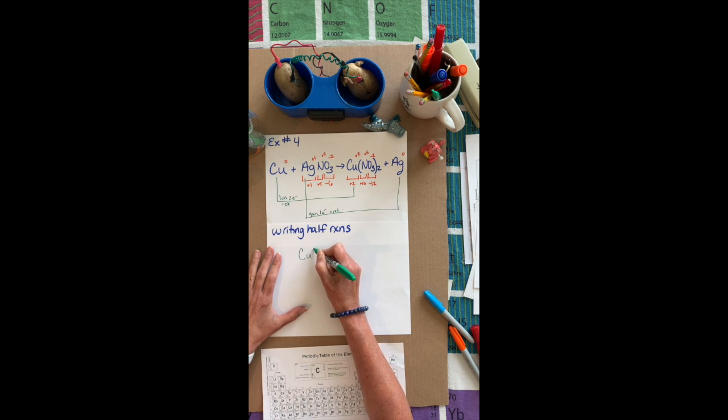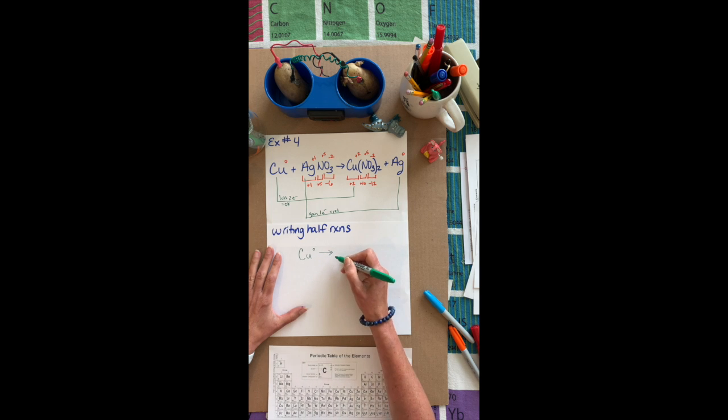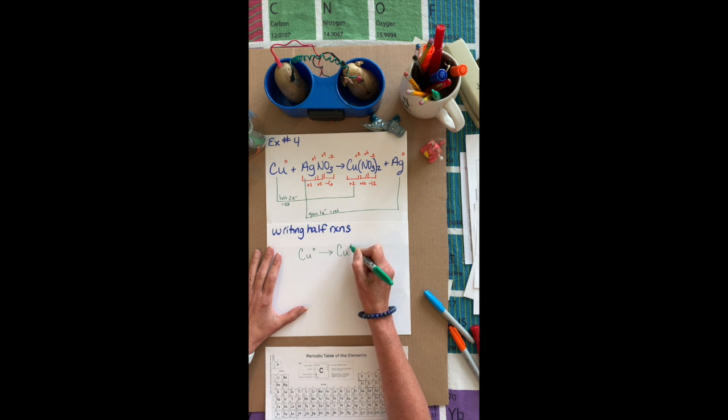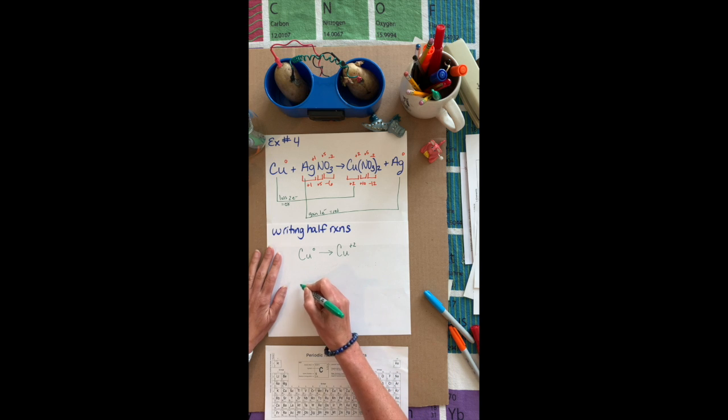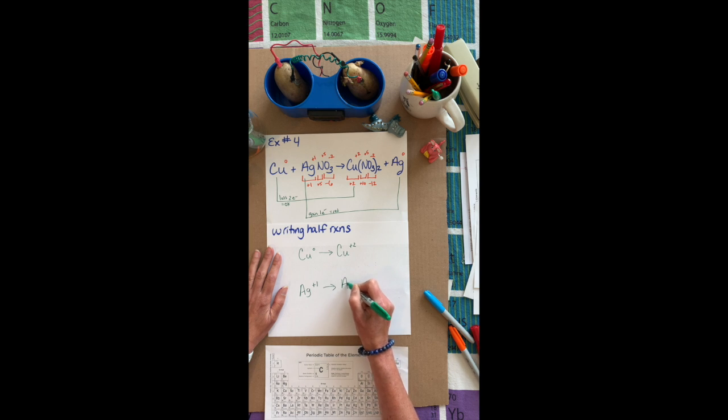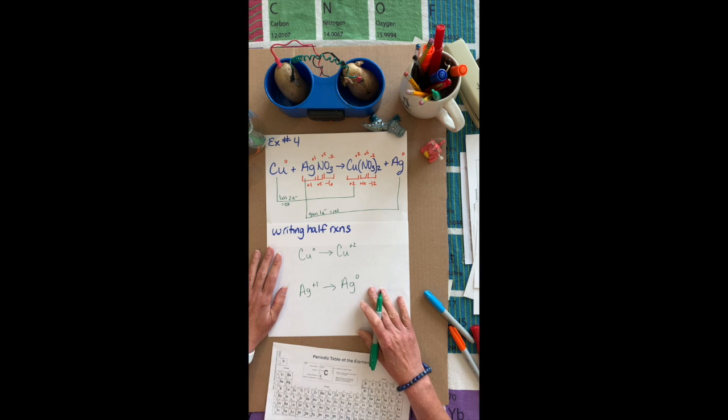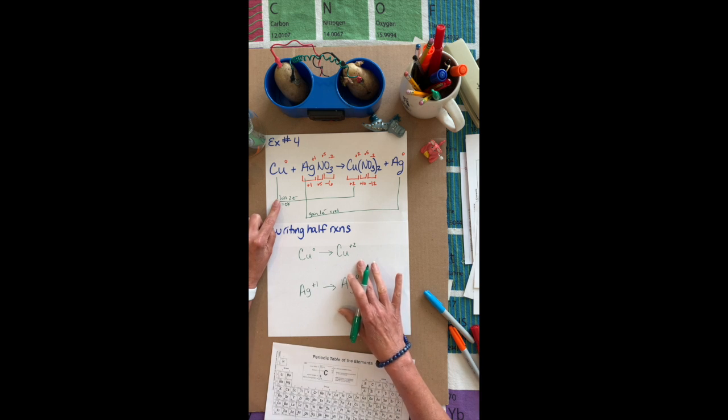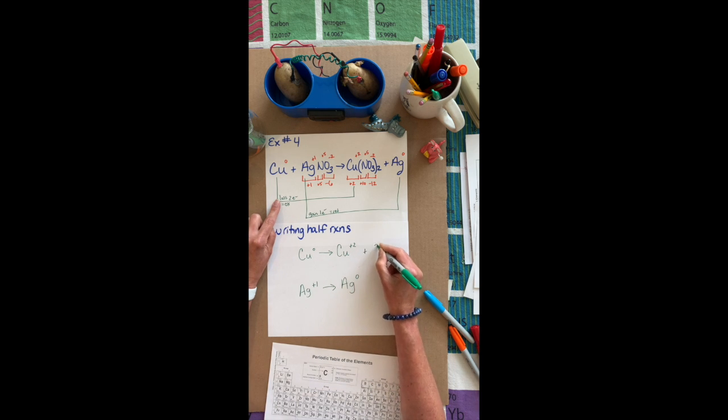We just say Cu0 became Cu +2. Ag +1 became Ag0. If we lost 2 electrons in our oxidation, we're going to write that here, 2 electrons.